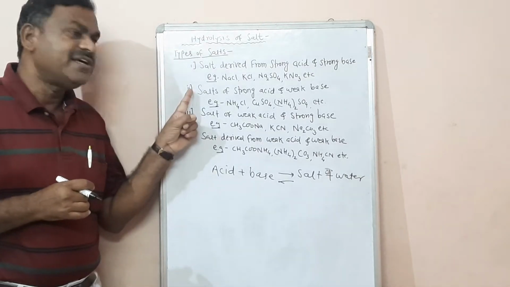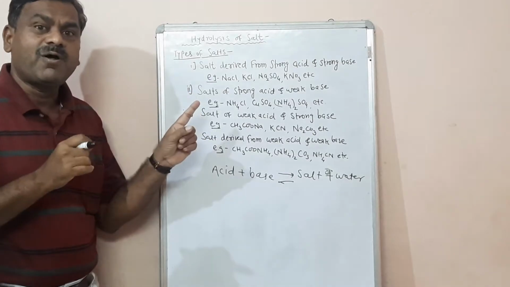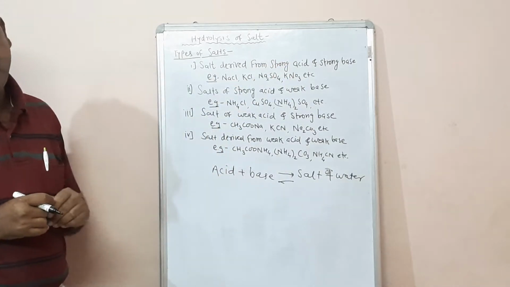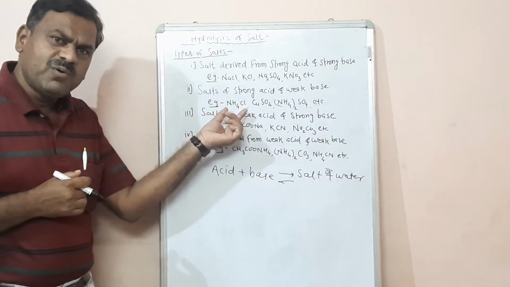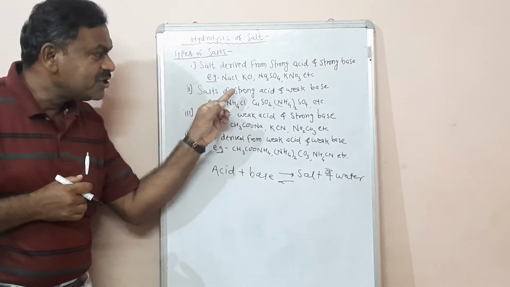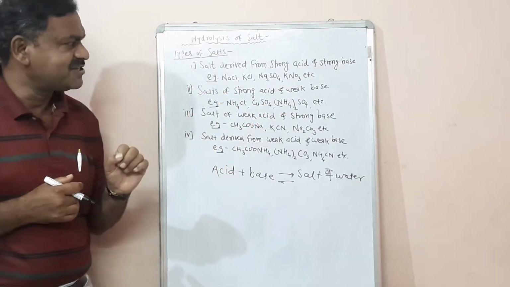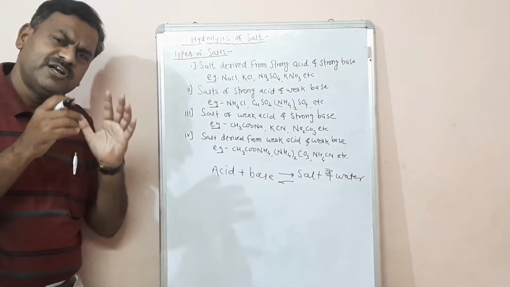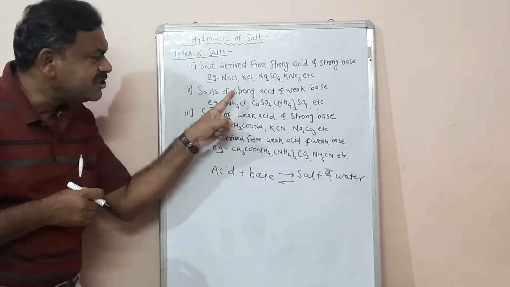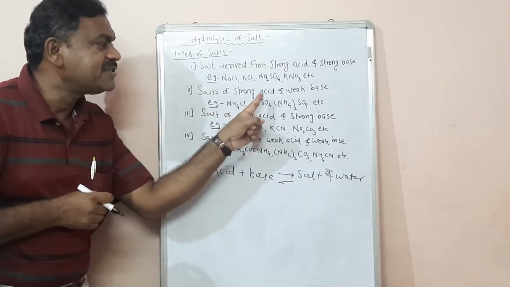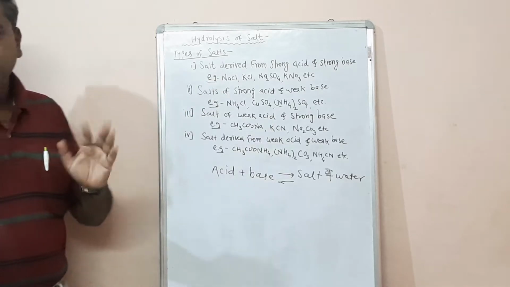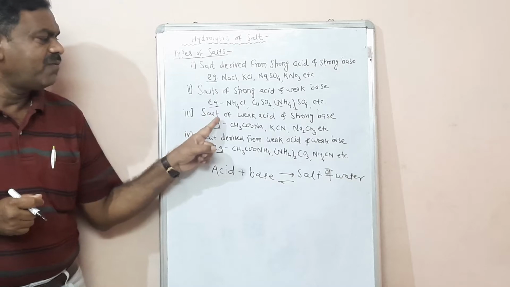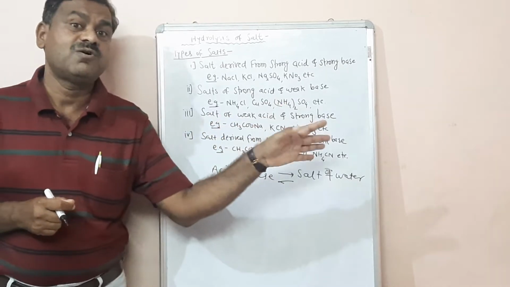Second type is the salt derived from strong acid and weak base. For example, ammonium chloride, copper sulfate, and ammonium sulfate are examples of salt of strong acid and weak base. Third type is the salt of weak acid and strong base.